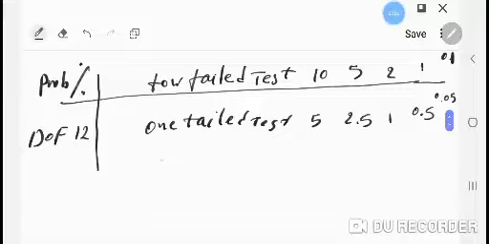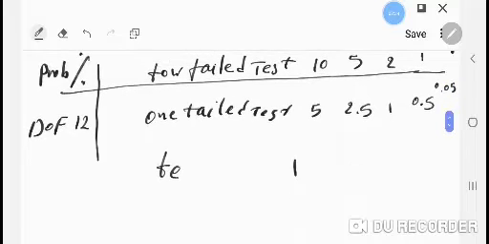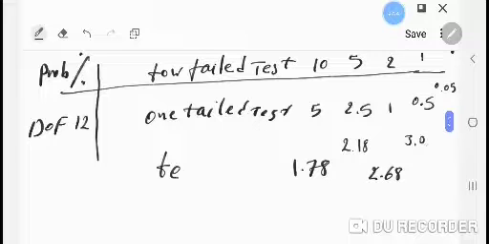The values of t for the probability level of 10% in a two-tail test are 1.78, 2.18, 2.68, 3.5, and 4.32.